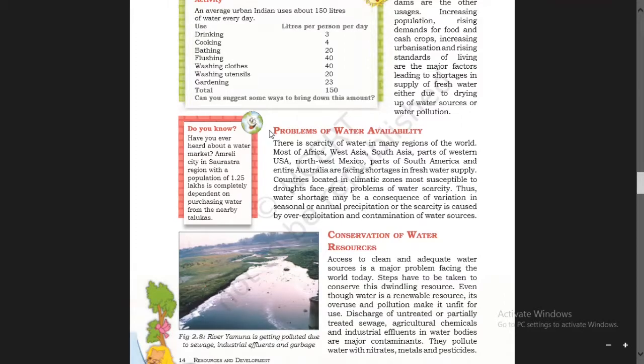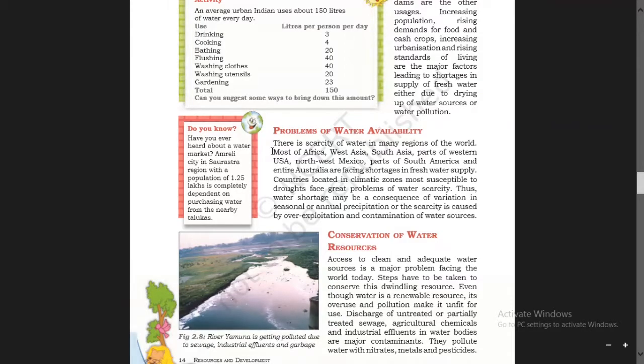Now let us see the next part of the chapter. Problems of water availability. There is scarcity of water, which means lack of water, in many regions of the world.